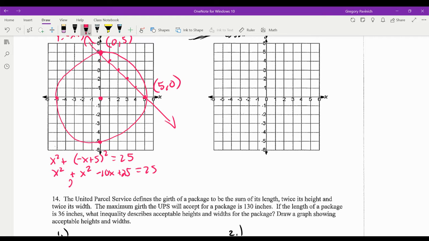And so I get 2x squared minus 10x equals 0. And then here I'm just going to pull out a 2x and make x minus 5. And then I'll just have to set those equal to 0. So I have 2x equals 0 and I have x minus 5 equals 0. So I get x equals 0, 5. And when you plug this back in, you get 0, 5.